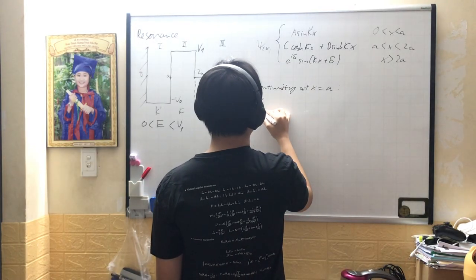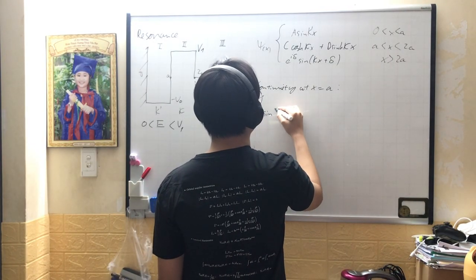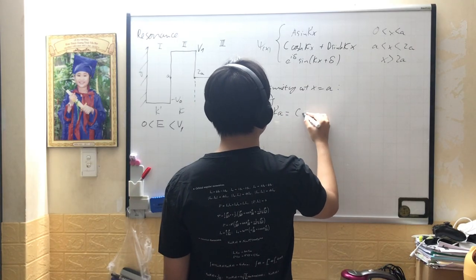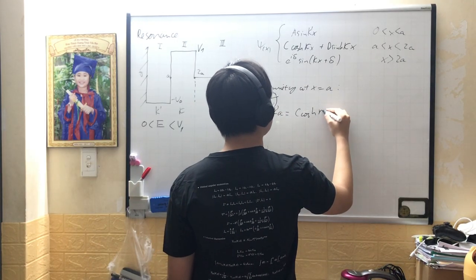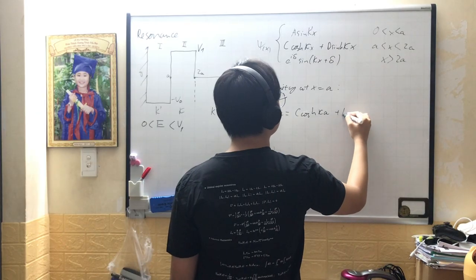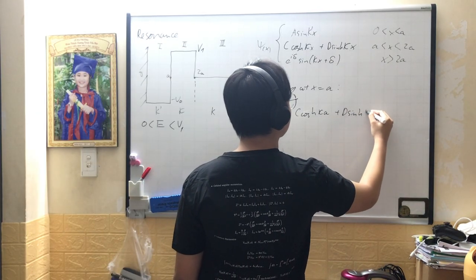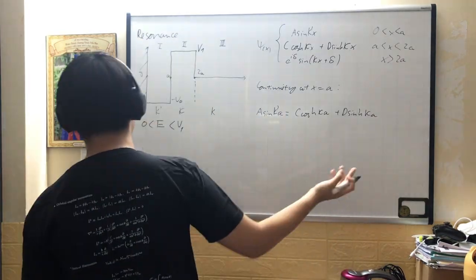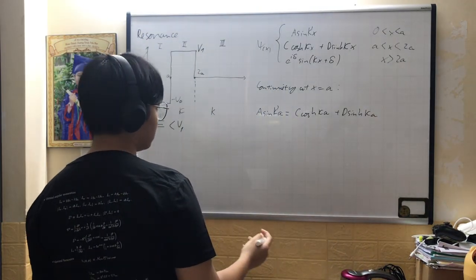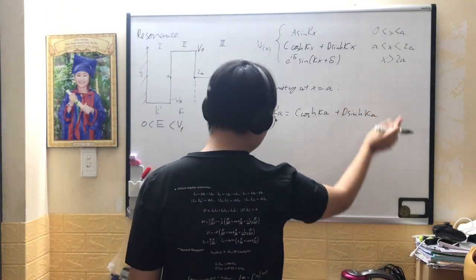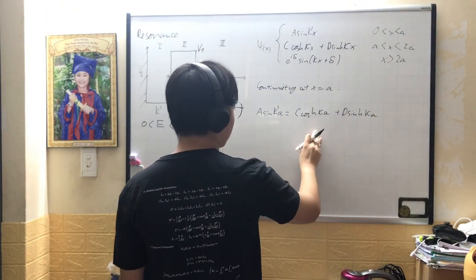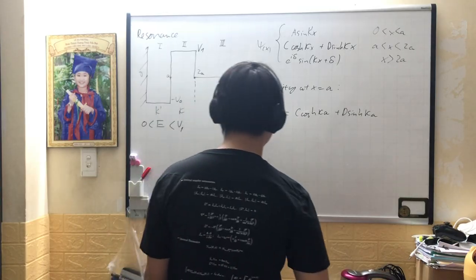That would mean that A sine k prime A equals C cosh kappa A plus D sinh kappa A. And you see immediately we cannot solve this, since there wouldn't be any term that we can cancel, and therefore we can't really find our constant here.